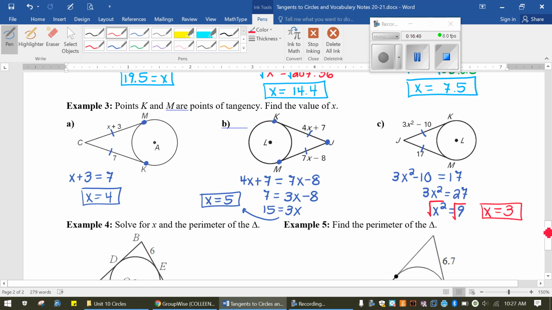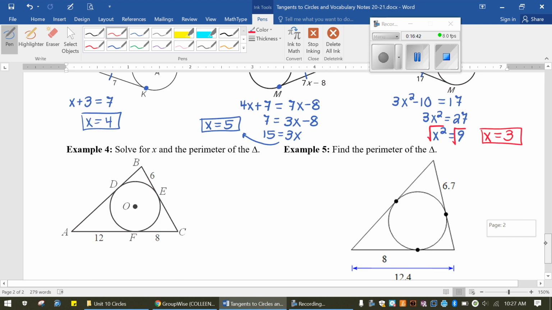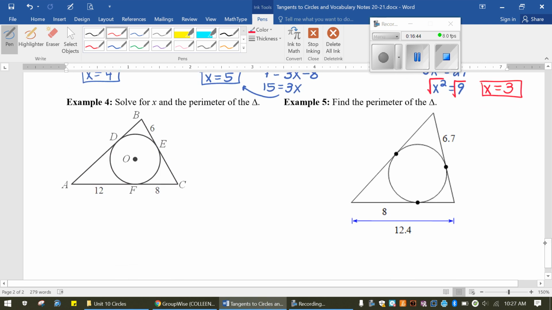Okay, we're going to use that same property for examples 4 and 5. These are what we call walk-around problems. They're going to look similar to number 3. We've got lots of tangent segments, and they're going to be congruent. I'm going to start on the top here at number 4. Got this tangent segment right here, 6.